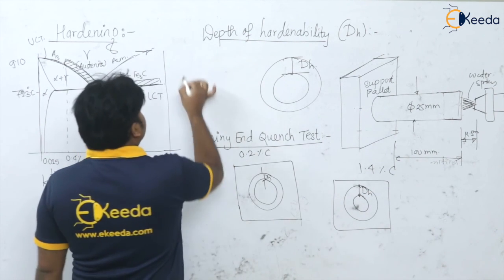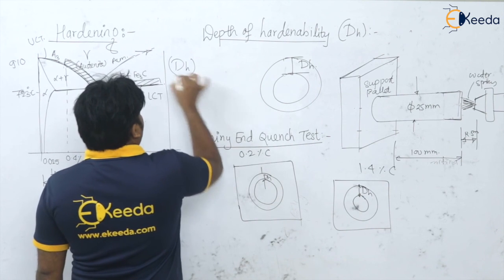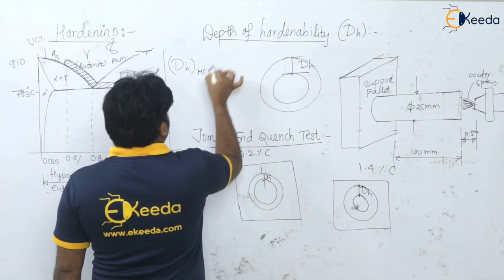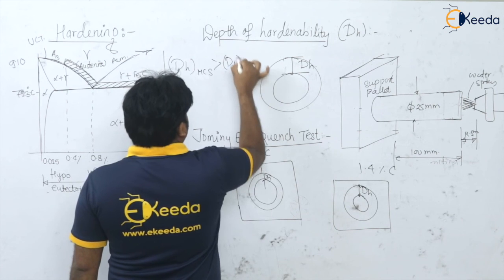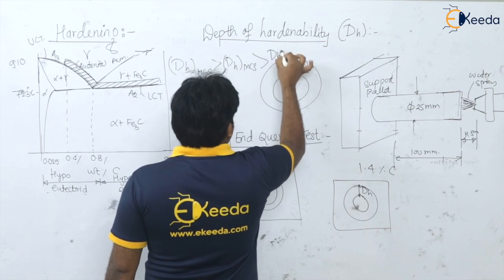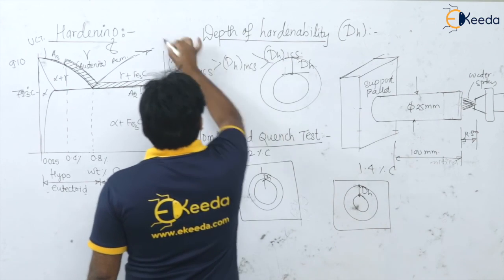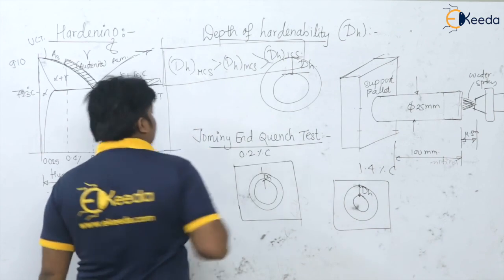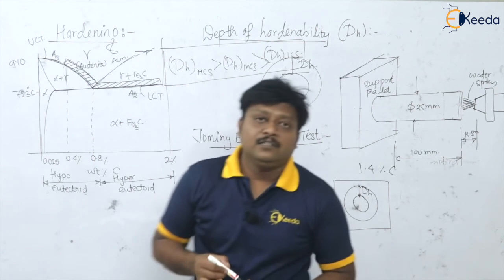So I can write that the depth of hardenability for high carbon steel is more than for medium carbon steel, which is greater than for low carbon steel. So this is one of the relations we can make. Okay, so thank you so much.